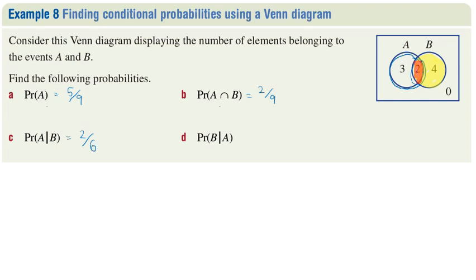Okay, then the next one. The probability of B given that A has already occurred. So A has already occurred. So there's 5 there. And the probability of B is just this here. So it equals 2 out of 5.